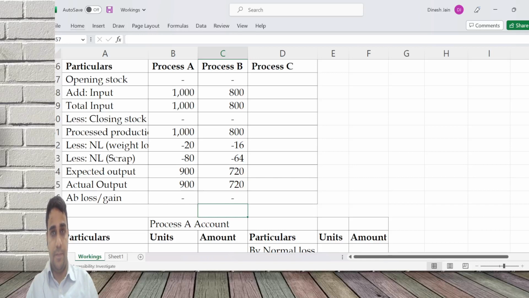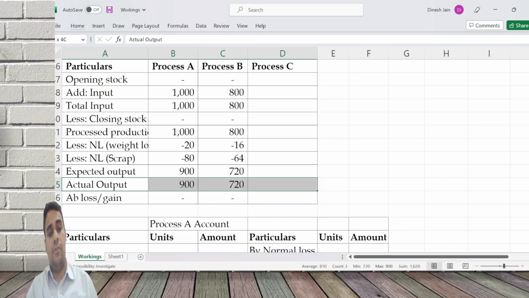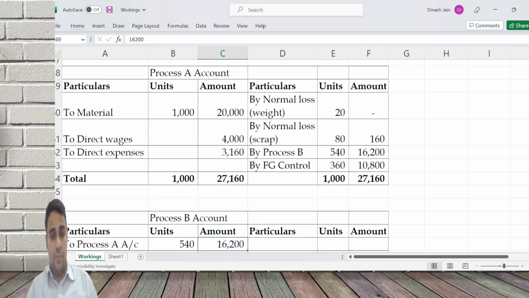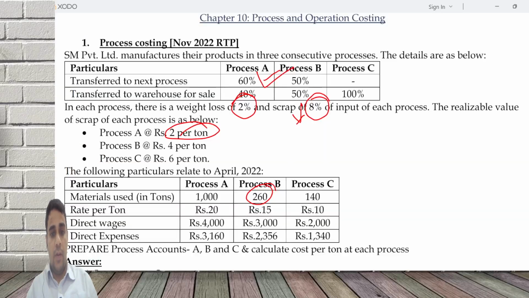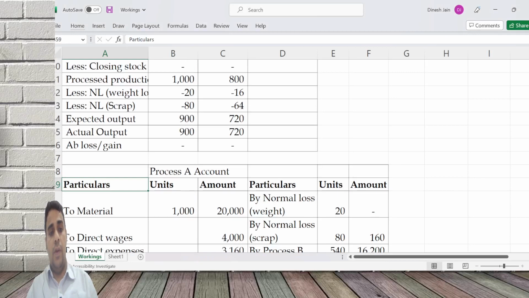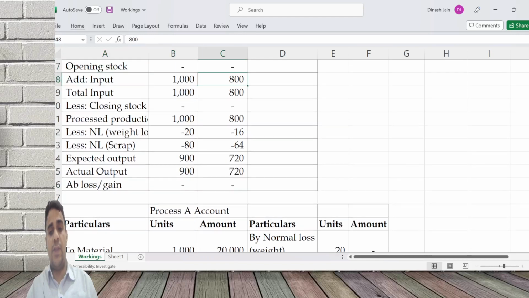Expected and actual is same. 720 is the actual output. Let me know if there are doubts here. 540 plus 260 is added as input.